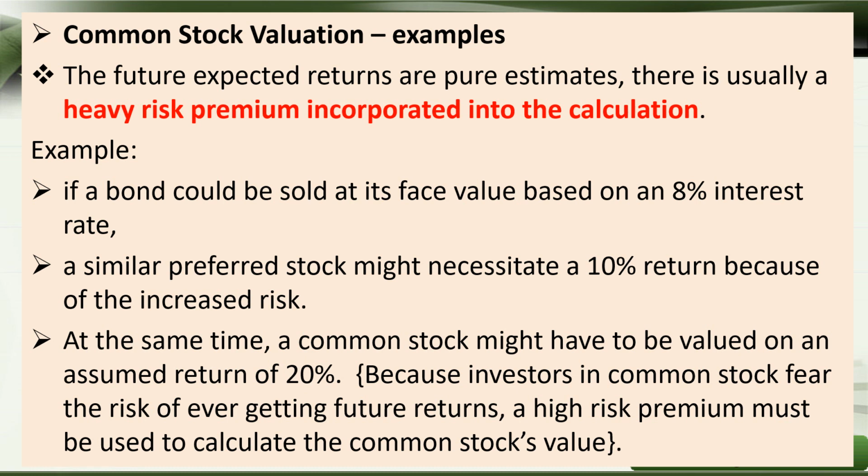This is just an example. It is not exactly that it has to be doubled. It depends, because investors in common stock fear the risk of never getting future returns. A high risk premium must be used to calculate the common stock's value. So the investors will prefer more returns because they are taking more risk on the common stock.